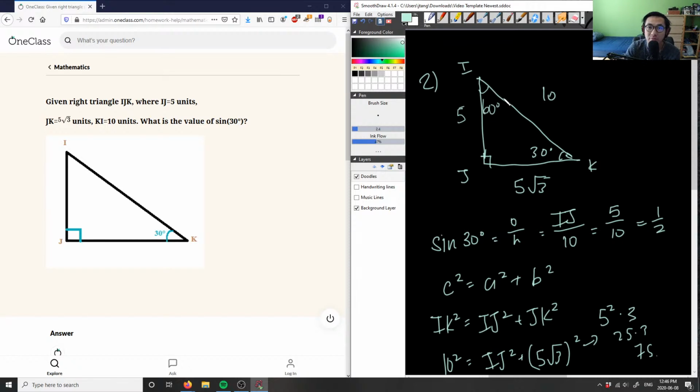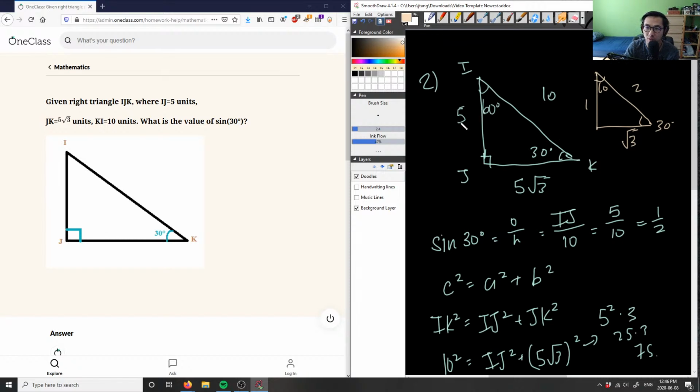If we know our 30-60-90 triangle, and we have 10 and 5 root 3 here, we have to know that this side is 5, because if you look at our special triangle initially, with this being 60 and this being 30, it is a 2, root 3, and 1 triangle. That's our special triangle for this.